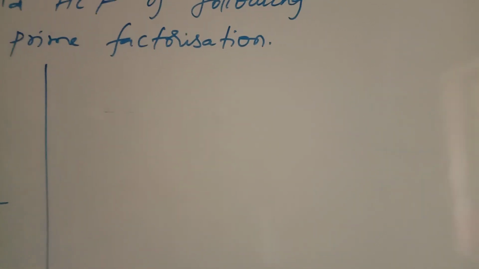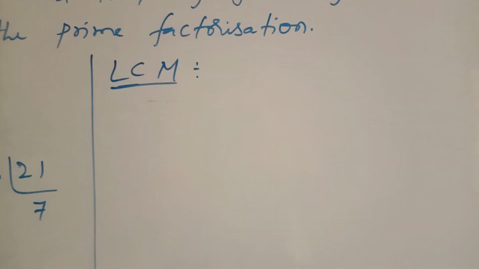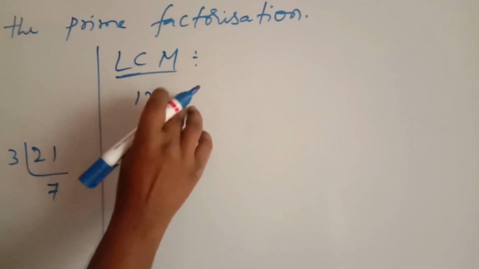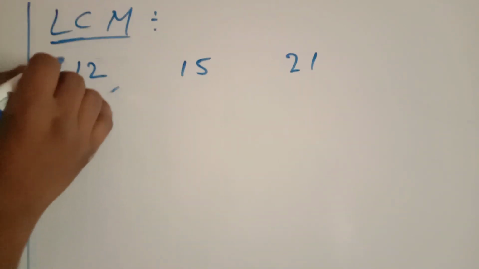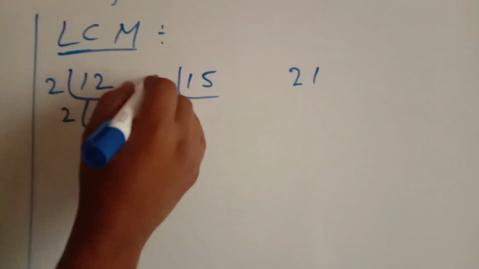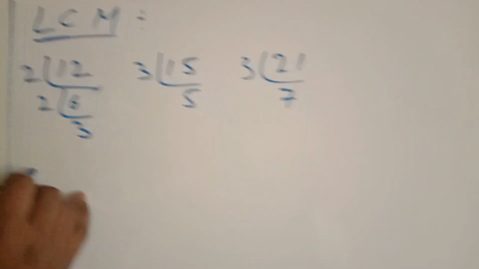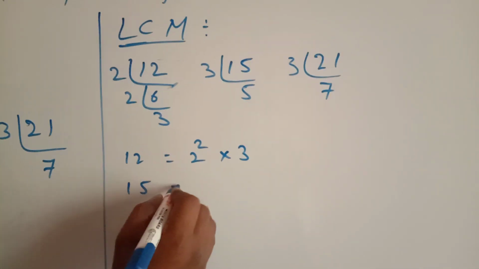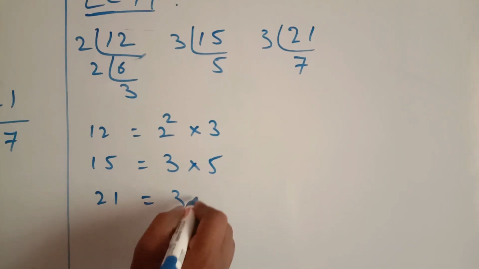Similarly you are going to find the LCM. 12, 15, 21. So 12 can be represented as 2 square into 3, 15 is equal to 3 into 5, and 21 is equal to 3 into 7.